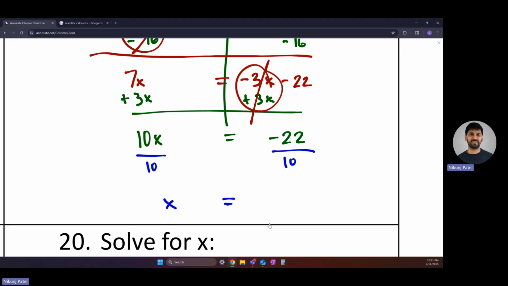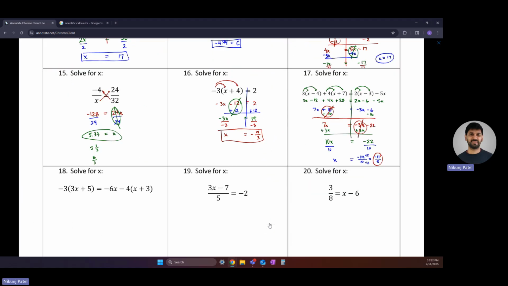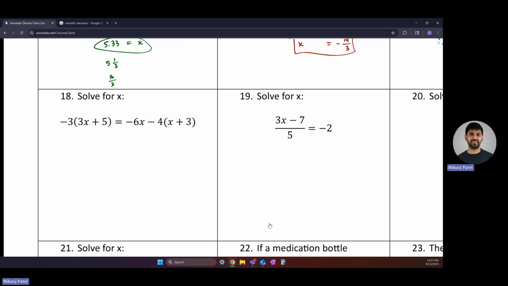That means we need to figure out, what does negative 22 over 10 simplify to? You could see a negative 11 over 5 there, because I just divided both values by 2, for example, right? And then we end up with this reduced or simplified fraction. There you go. If you saw a decimal, you can divide the fraction and get a decimal as well.